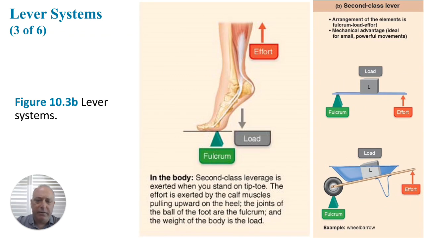Second class lever is like when you're standing on your tiptoes. The effort is exerted by the calf muscles pulling the heel upward. So the ball of the foot will be the fulcrum, and the effort would be one of the muscles like the gastrocnemius. So second class levers, the fulcrum is away from the load.